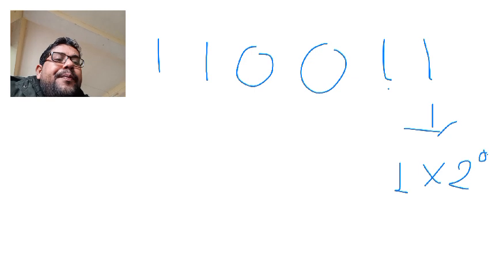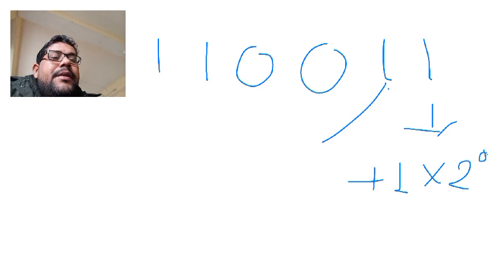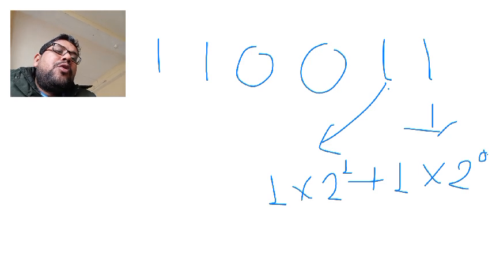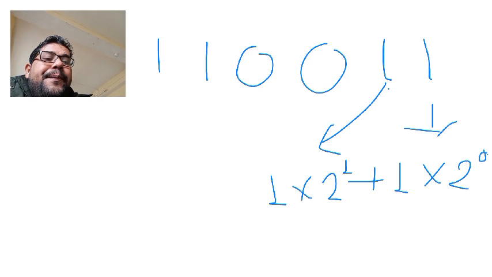For converting this binary number, first we write the digits with powers of 2. For the first digit, we write 1 into 2 to the power 0.